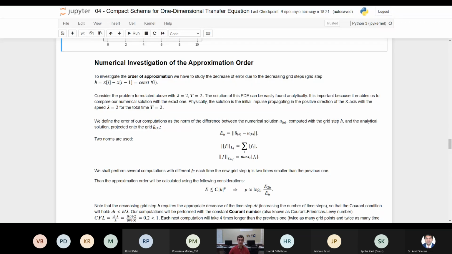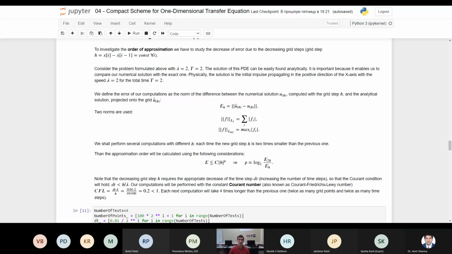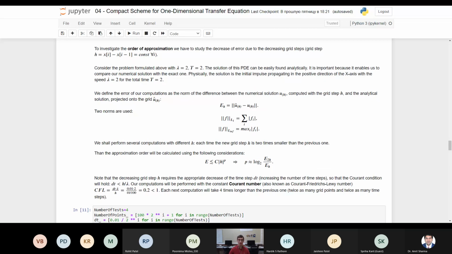The error will be computed as the norm of the difference between the analytical solution and the numerical solution on the grid, and the norms used are just norms in the discrete spaces.